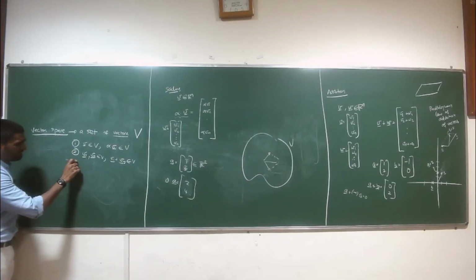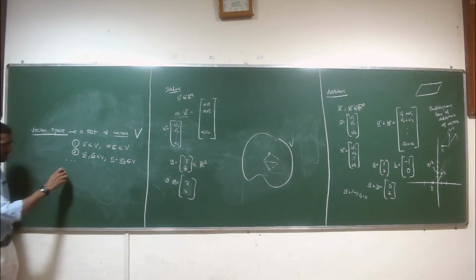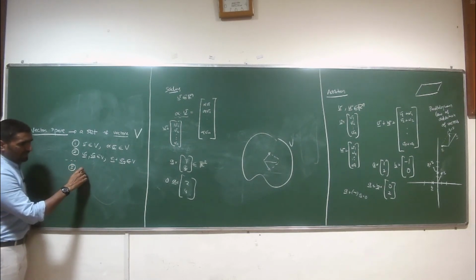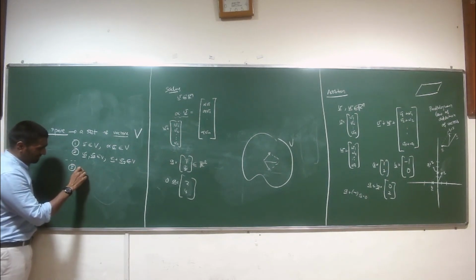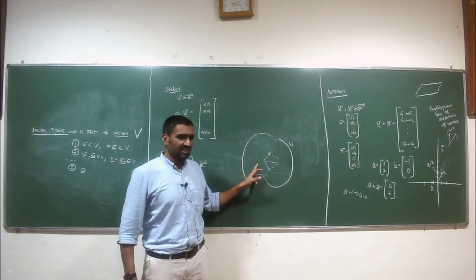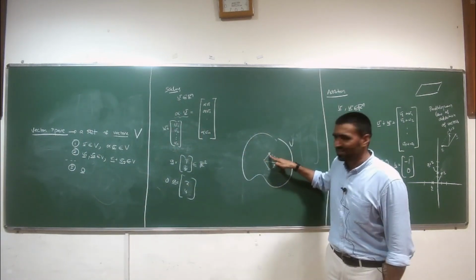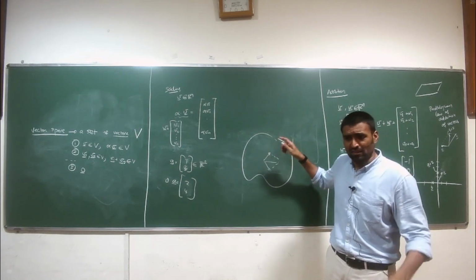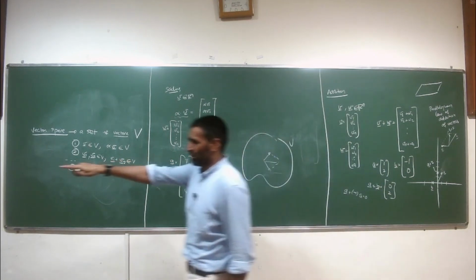A third property, which can be derived from here but is still useful to remember, is that there has to be a zero element, a zero vector. That means in this vector space, if I add that vector to any vector from the vector space, you get the same vector. So you need to have the zero vector.